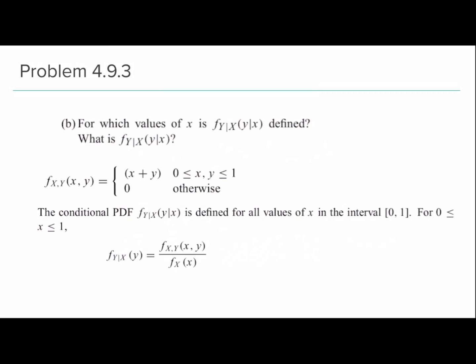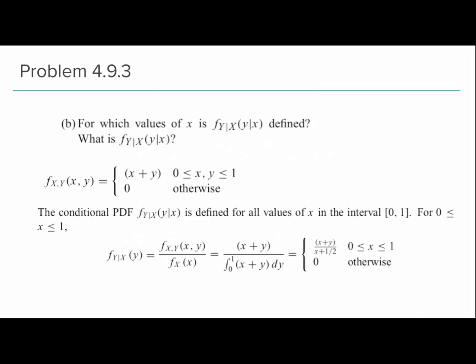And similarly for the next part, we have to find for which values of x is f of y given x defined. f of y given x will be defined for x belonging to 0 to 1, and again to find f of y given x, which will be equal to the joint PDF f of x comma y divided by f of x, we have to integrate the joint PDF over all possible values of y.